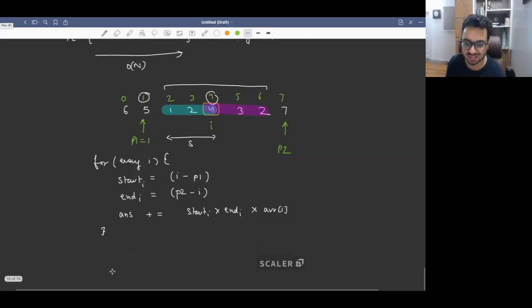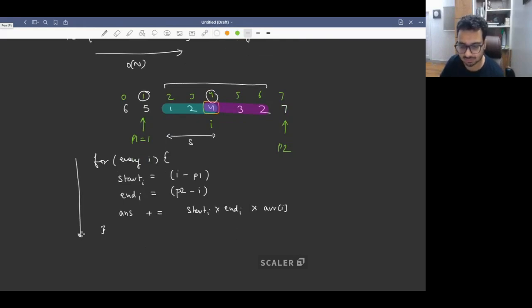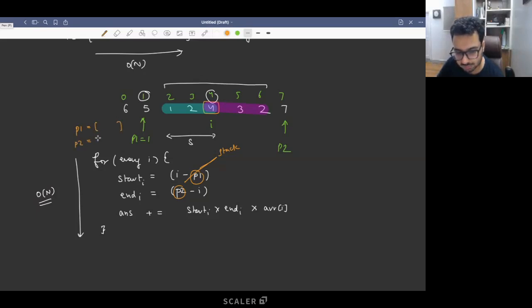How much time will it take? Linear time, right? And that is the beauty of stack. So computing these values, you have to pre-compute using the stack based algorithm. Compute p1 of i, p2 of i.